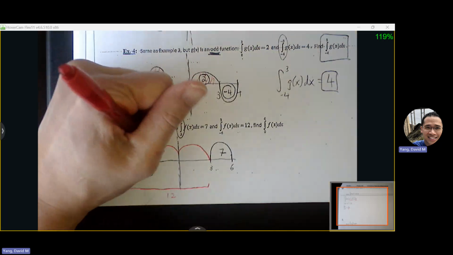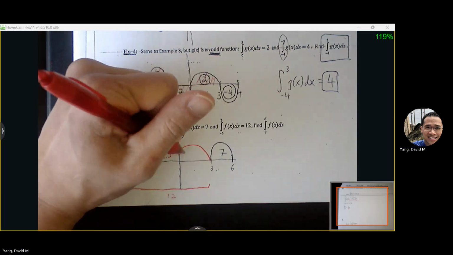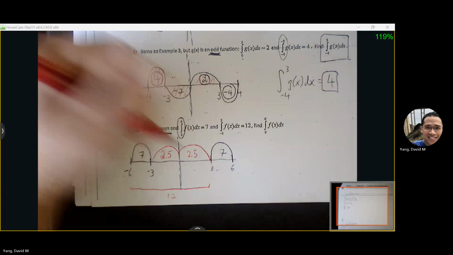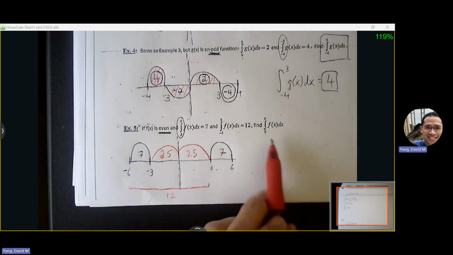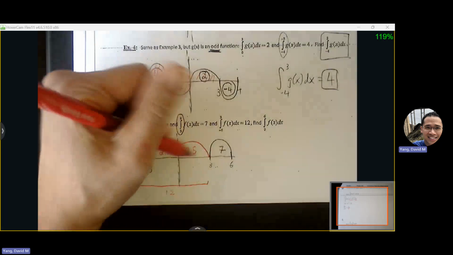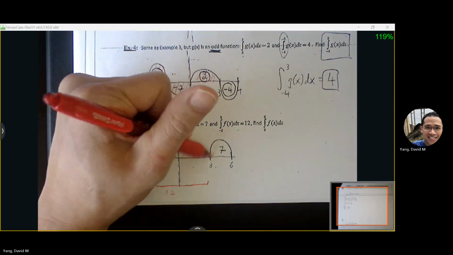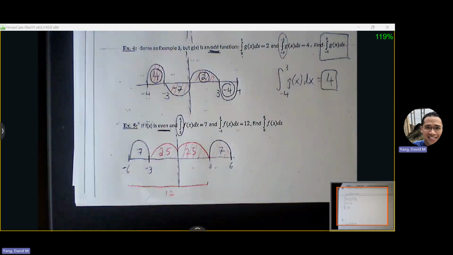So like you guys said, 2.5, 2.5. So now we're going to add up the regions from 0 to 6. 7 plus 2.5 is 9.5.